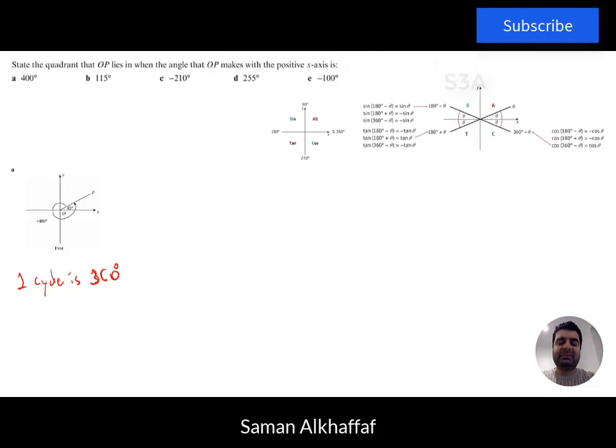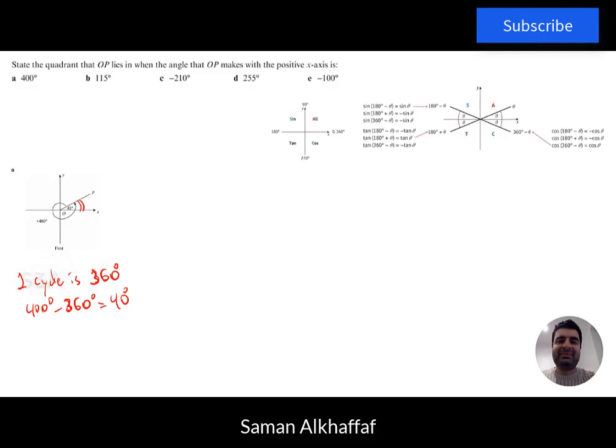So we have 400 degrees take away 360, which gives us 40 degrees, the angle that OP makes with the positive x-axis.